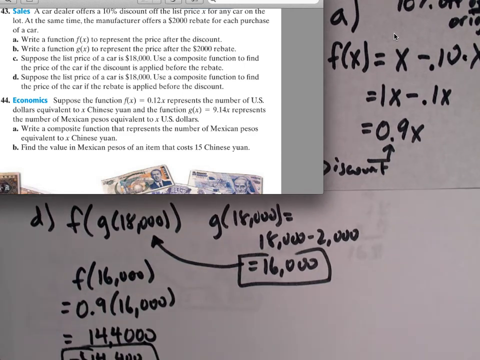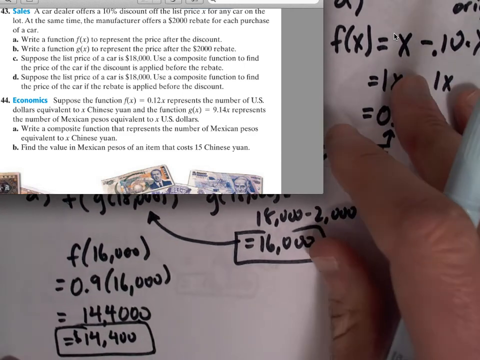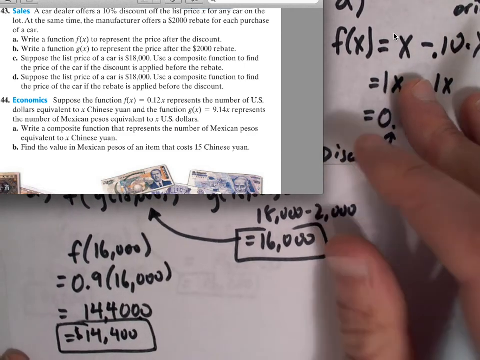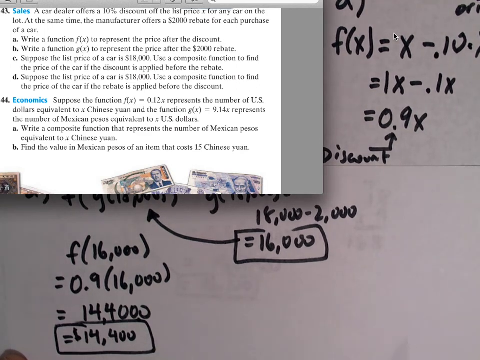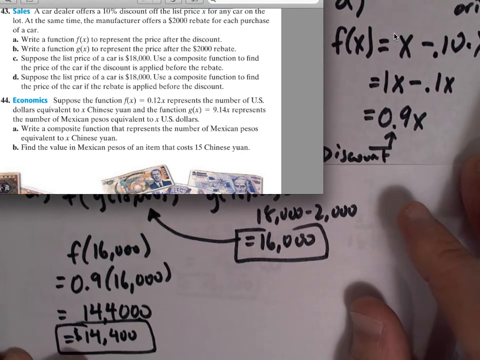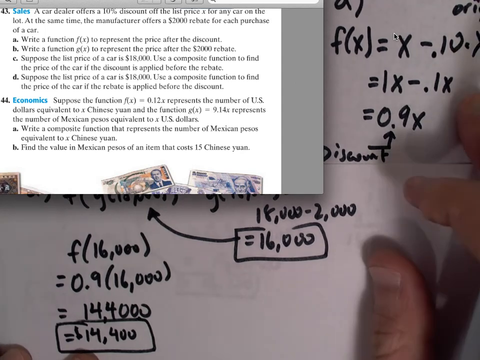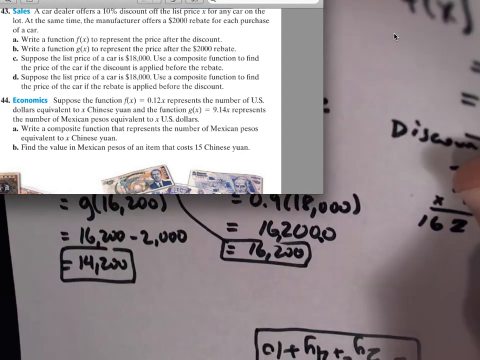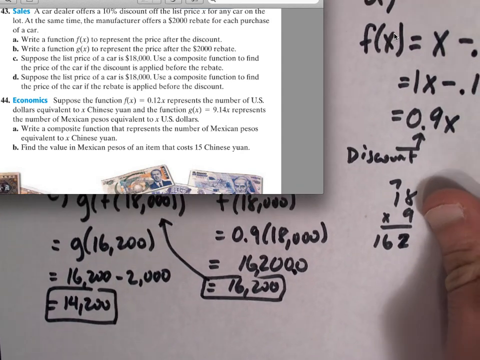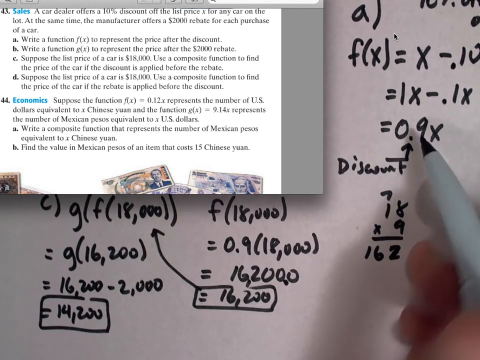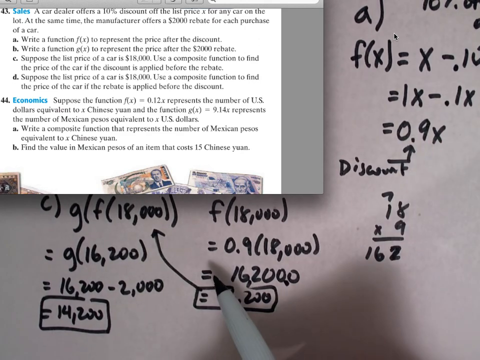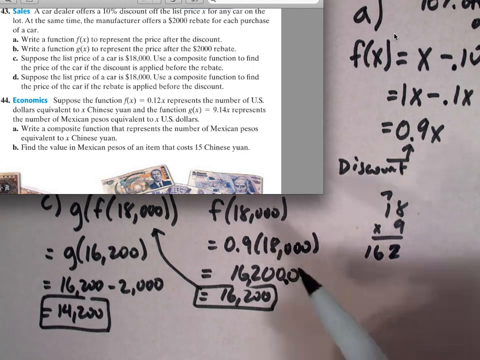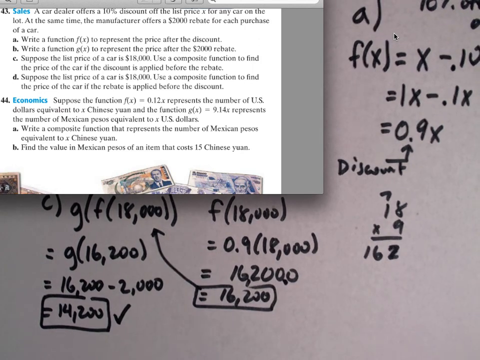Oops, I forgot to add my dollar sign. So 14,400 for letter D. It looks like we pay $14,400 if I do the rebate first, and it is $14,200 if I do the discount first, the 0.9. So it looks like this is the better deal for us.